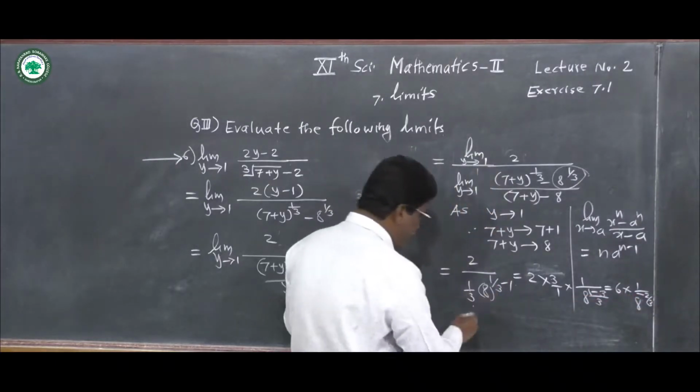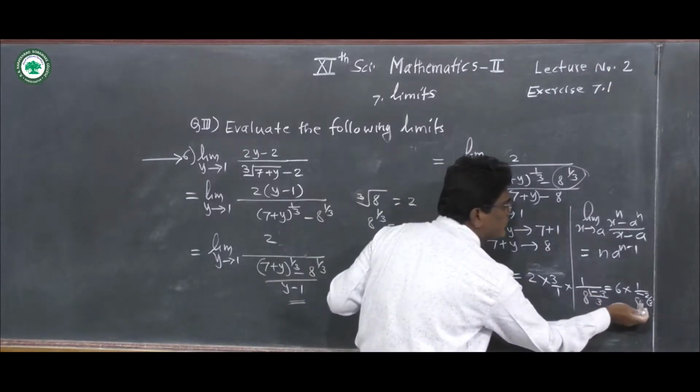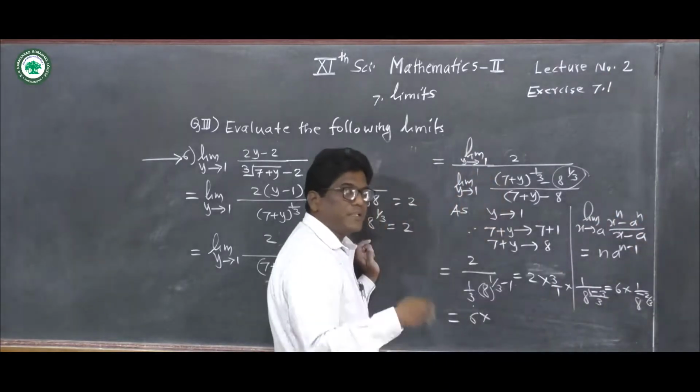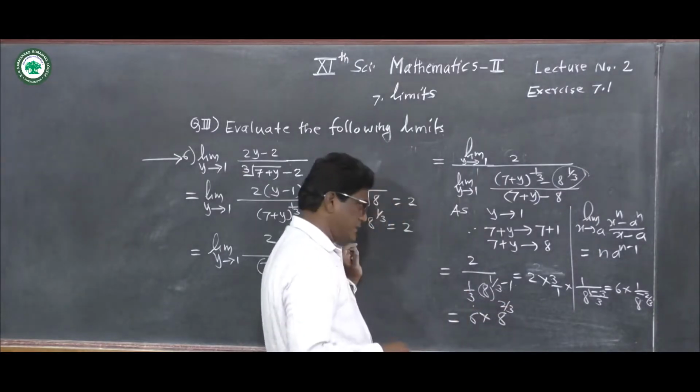So we write this as 6 into 8 to the power minus 2 by 3. Carrying it to the numerator using the rule of indices, we get 8 to the power 2 by 3.